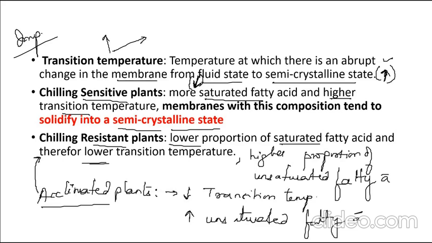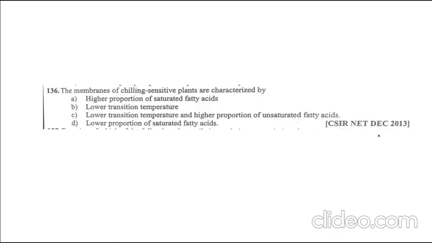One question which came in December 2013: the membrane of chilling sensitive plants is characterized by... At first, let's take the wrong ones. Higher proportion of saturated fatty acid: according to our concept, chilling sensitive plants have higher saturated fatty acid.